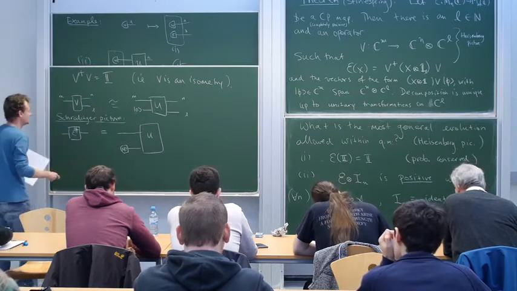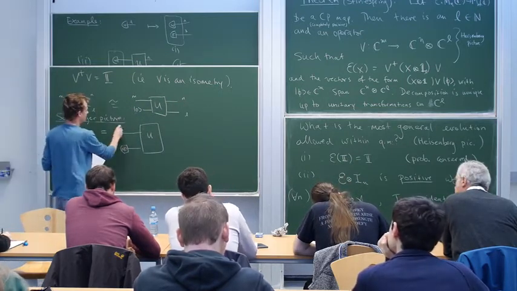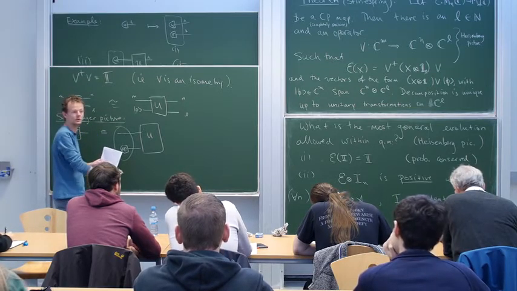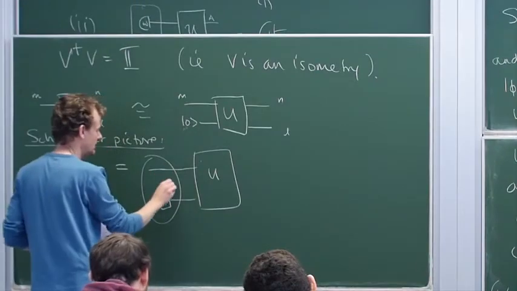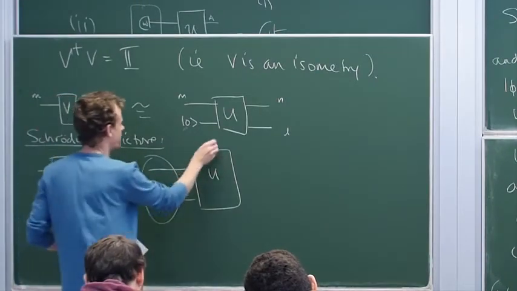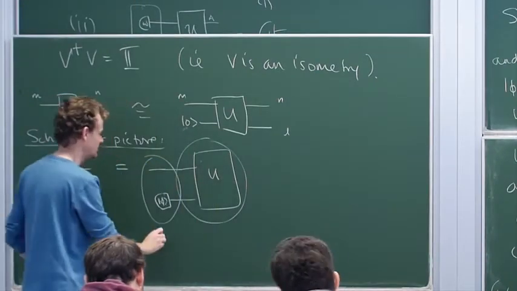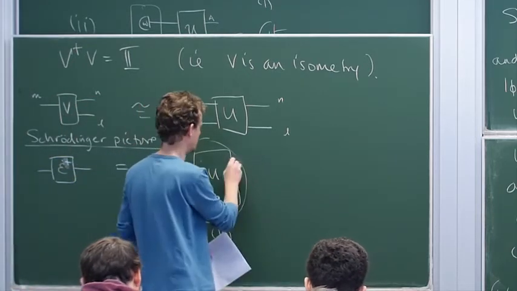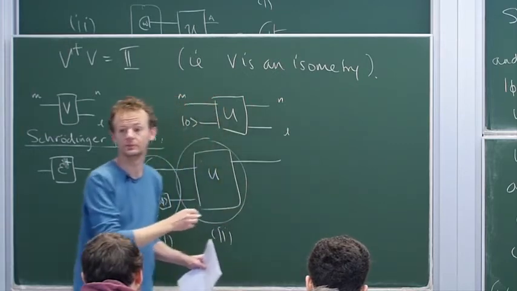So there's 3 steps. Tensor in a new ancillary subsystem in a state phi, perform a unitary operation, finally reduce to a subsystem.